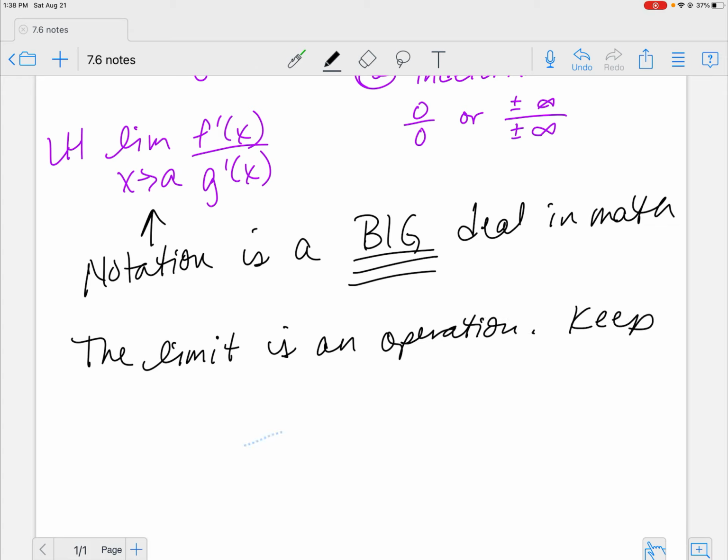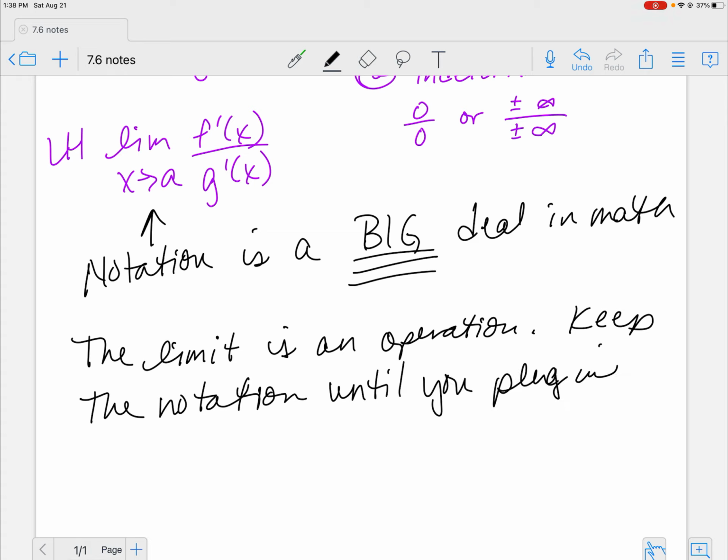Keep the notation until you plug in your value. Once you plug that in and you're doing the operation of the limit by plugging in that value, that's when you lose the notation.